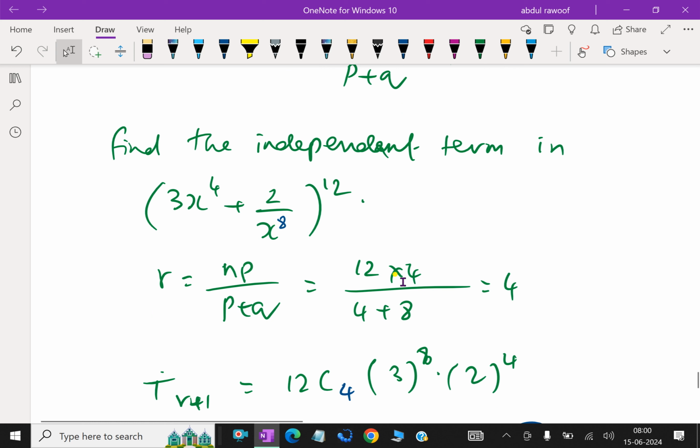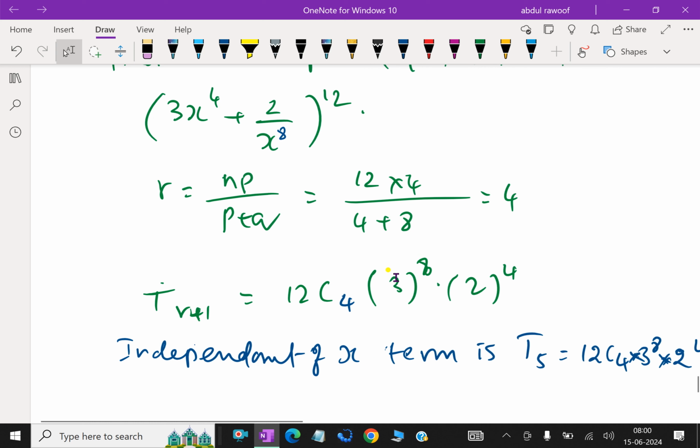So 12 into 4 over 4 plus 8, which is 12 over 12, cancelling, gives 4. Then r equals 4. Therefore t5 is the independent term, because r plus 1, 4 plus 1, is 5.